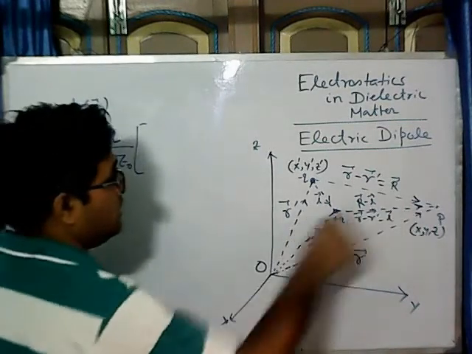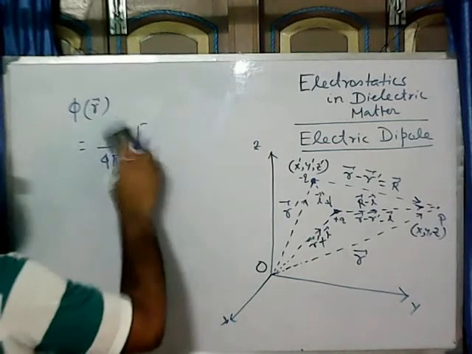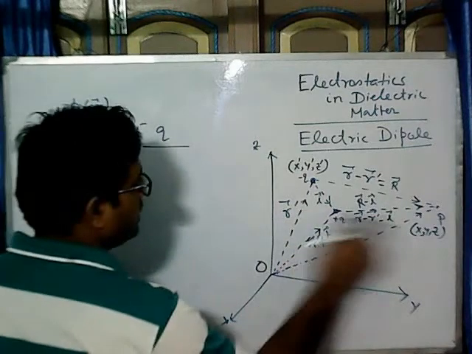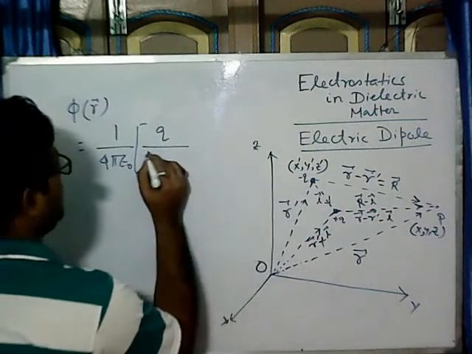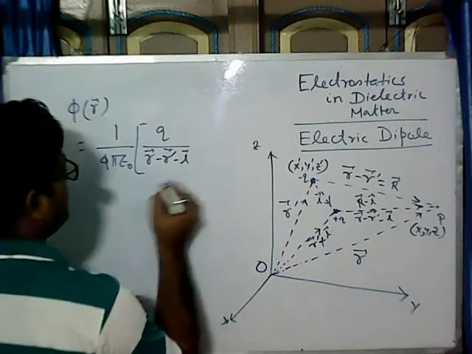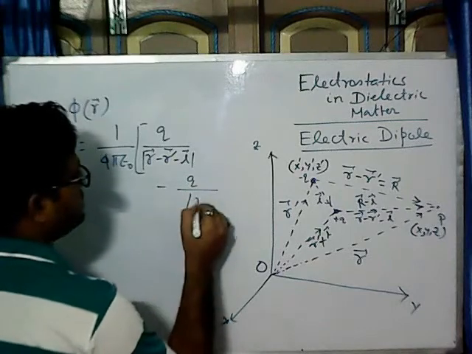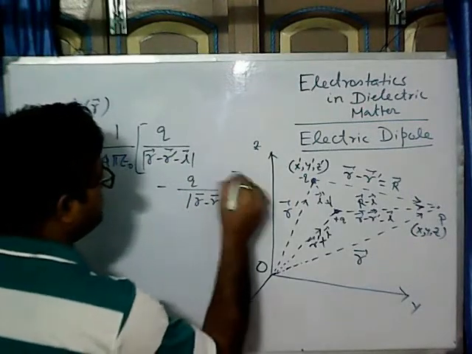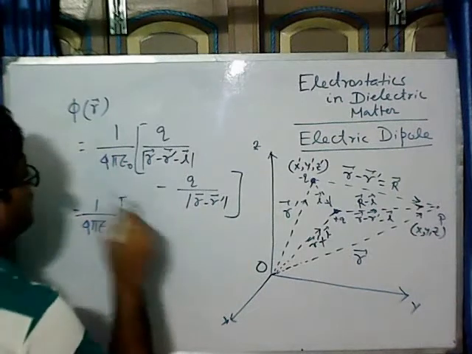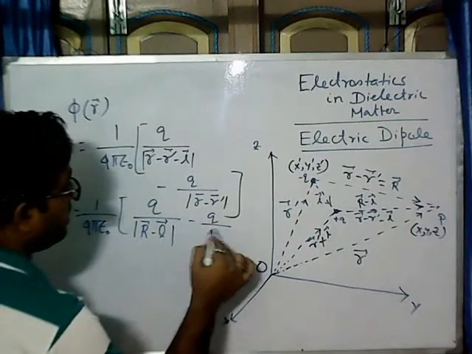Now, because there are two charges, from plus q to P the distance is the mod of R minus l, and from minus q it is R. So here we can write 1 by 4 pi epsilon naught times q by mod of R minus l, then minus q by R.